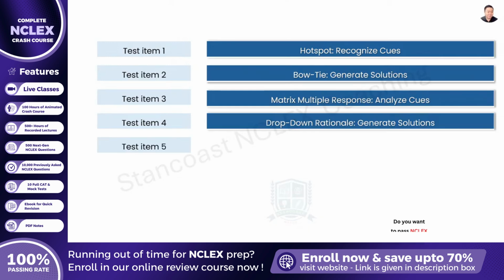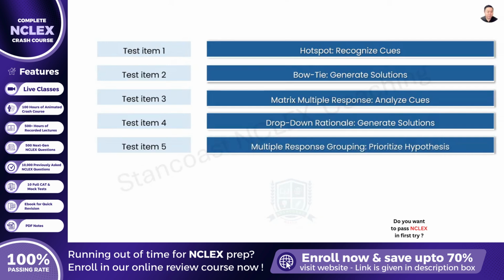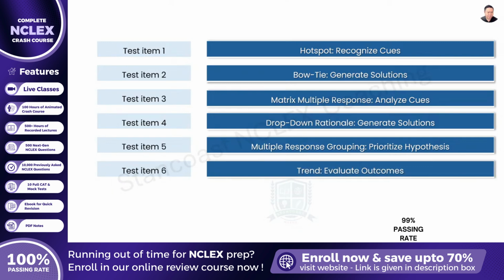And for test item number 5, that was a multiple response grouping. You were able to prioritize hypotheses. And here, you anticipated a medication transition for long-term panic disorder management. So that was more of the discontinuation of the alprazolam into starting the sertraline. Number 6 test item, this was a trend.